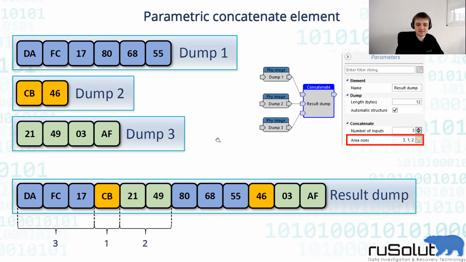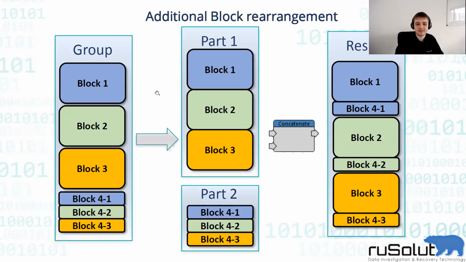How could this be used for case recovering and data files recovering? Some Phison controllers, for some reason, use this kind of block rearrangement.